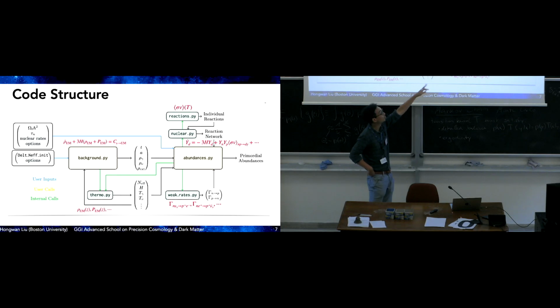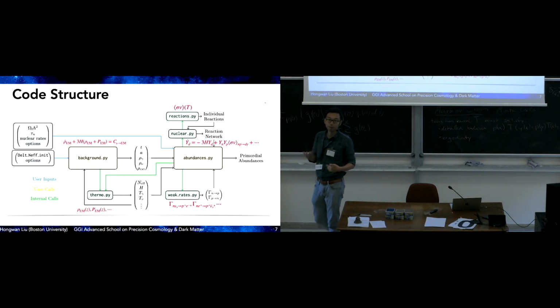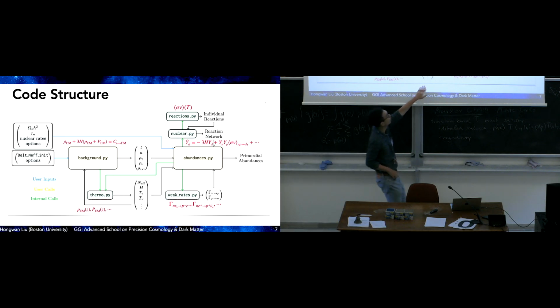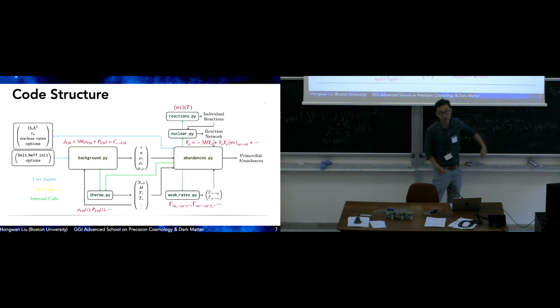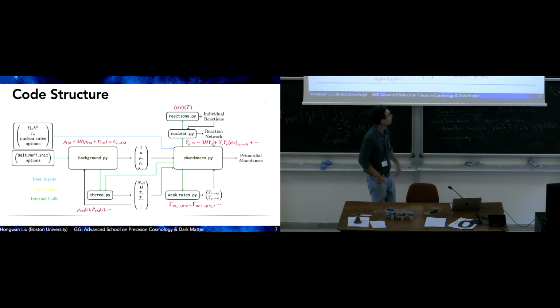And then it passes it to abundances.py where the differential equation is integrated. Also, of course, you need to do all your weak rate calculations, which will determine how neutrons and protons go back and forth. And then at the end of the day, you get primordial abundances. This is quite standard. Many BBN codes do this.